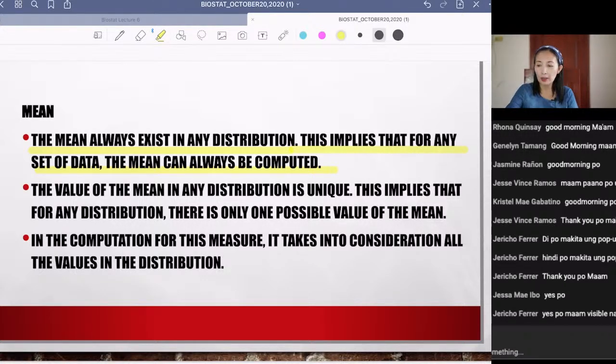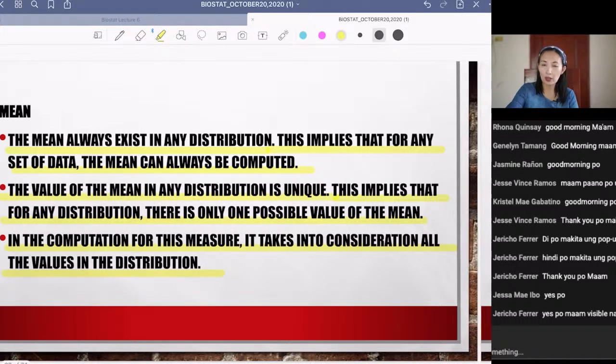The value of the mean is unique. This implies that for any distribution, there is only one possible value of the mean. For mode, there could be 2, 3, or 4. In the computation of the mean, all values in the distribution are considered.